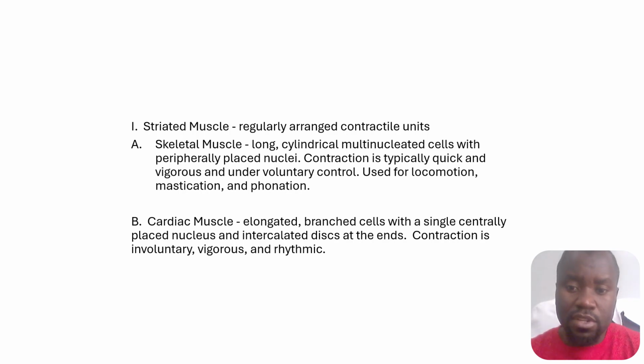This is a result of the bulk of the interior of the cell being filled with contractile elements. Contraction for skeletal muscle is typically very quick, very powerful, and under voluntary control. So the type of contraction is quick, meaning very fast to respond to stimulus, but also very strong or vigorous, under planned or voluntary control.